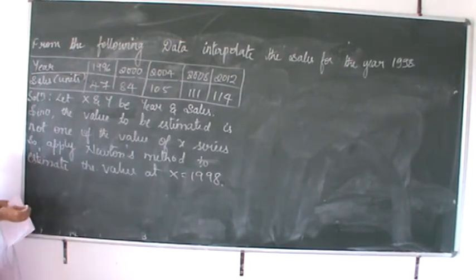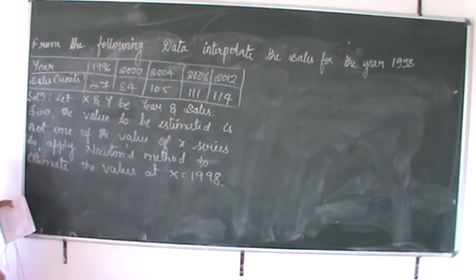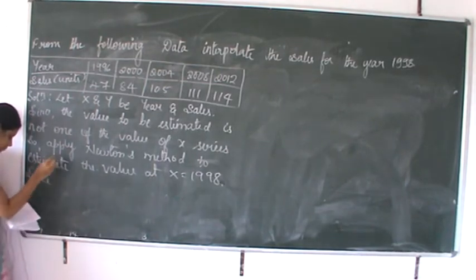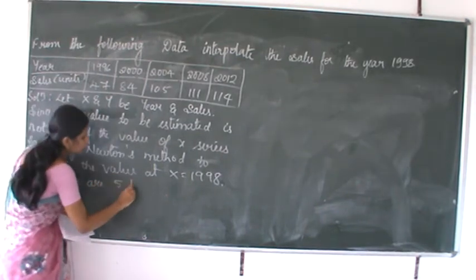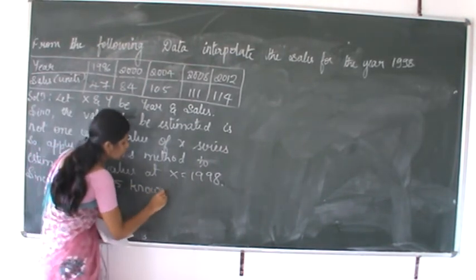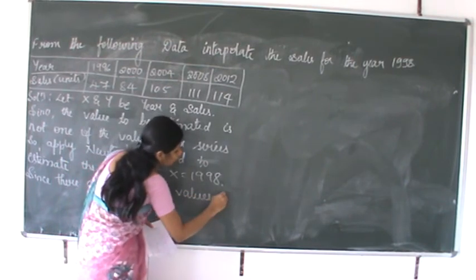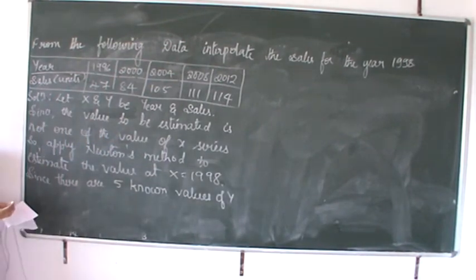We are asked to interpolate the value of y when x is equal to 1998. Now we have to see how many values of y are known. 1, 2, 3, 4 and 5. 5 values of y are known. Therefore, since there are 5 known values of y, prepare leading difference table as below.